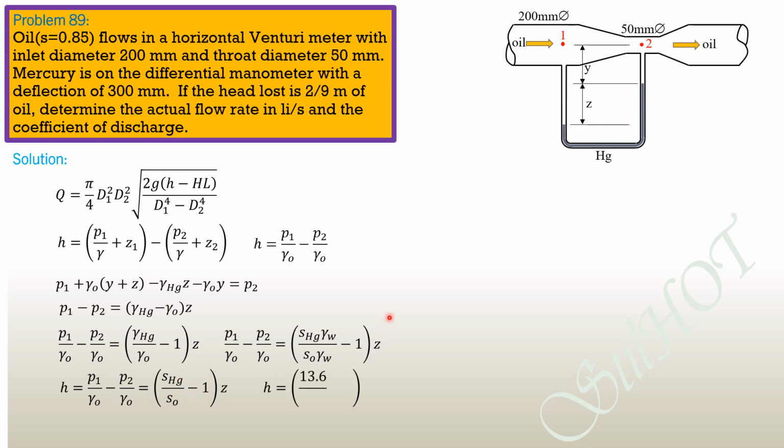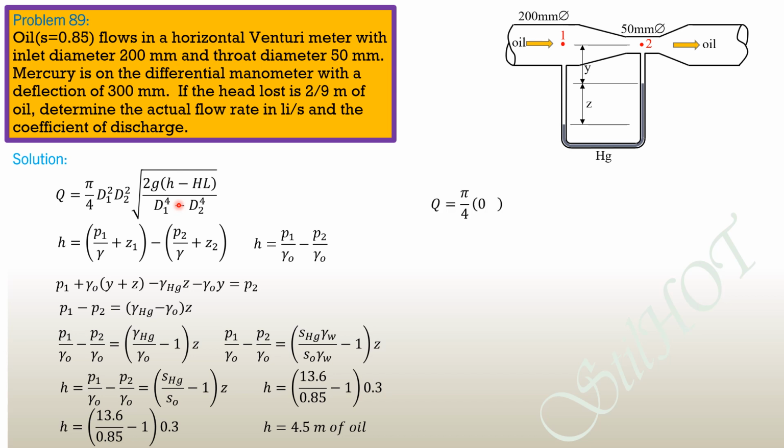So h is 13.6 over 0.85 minus 1 times 0.3. So h is equal to 4.5 meters of oil. Having found h, 4.5 meters of oil, we substitute it here. The head loss is 2/9.